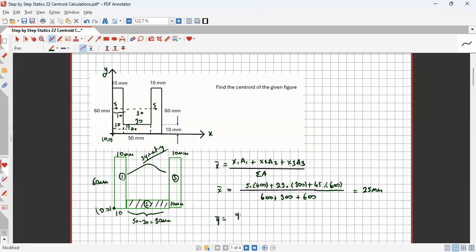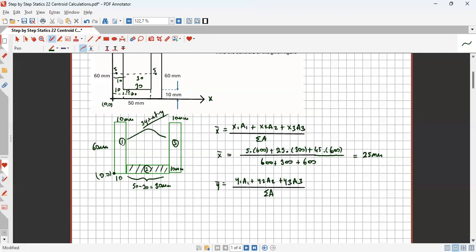For the y coordinate: y1 times a1, y2 times a2, y3 times a3 over total area. Here is the y coordinate. We also calculate our areas. The first shape has a centroid here. The y coordinate means 60 over 2, which is 30 millimeters. 30 times 600.